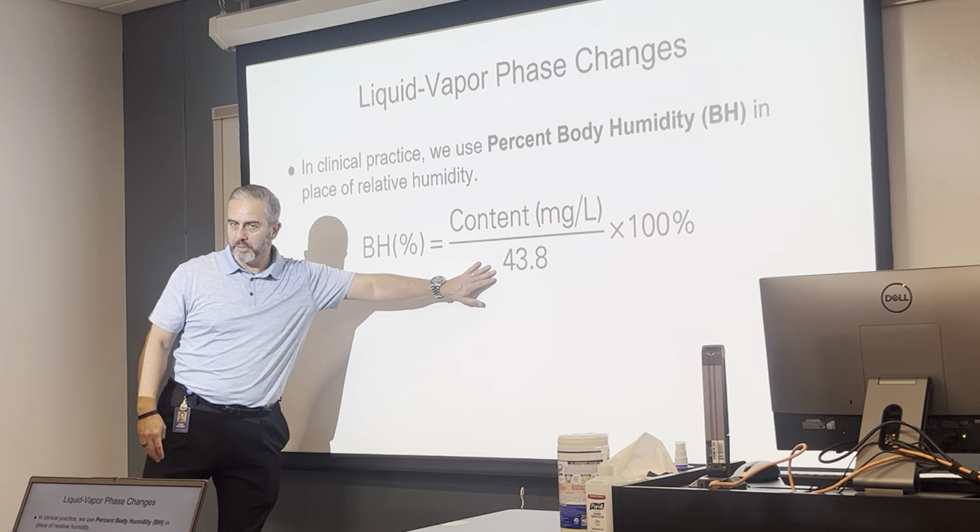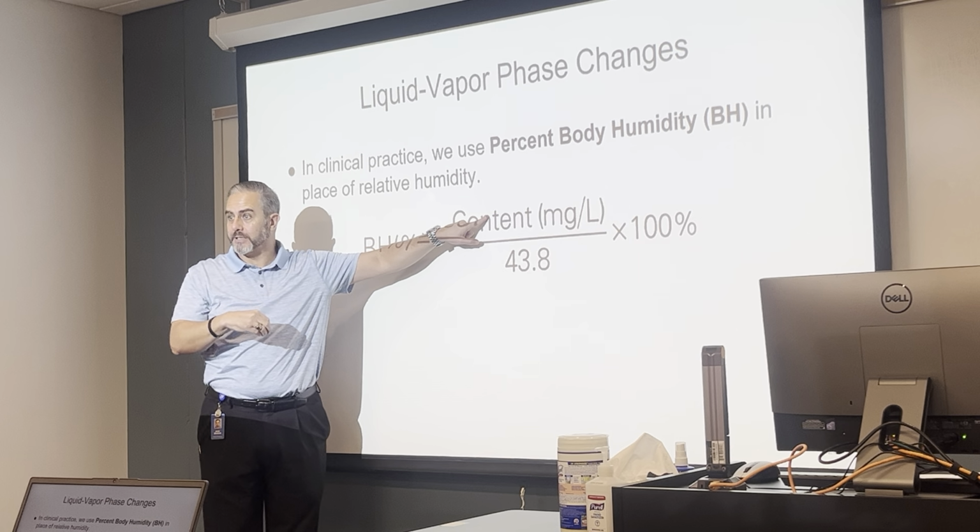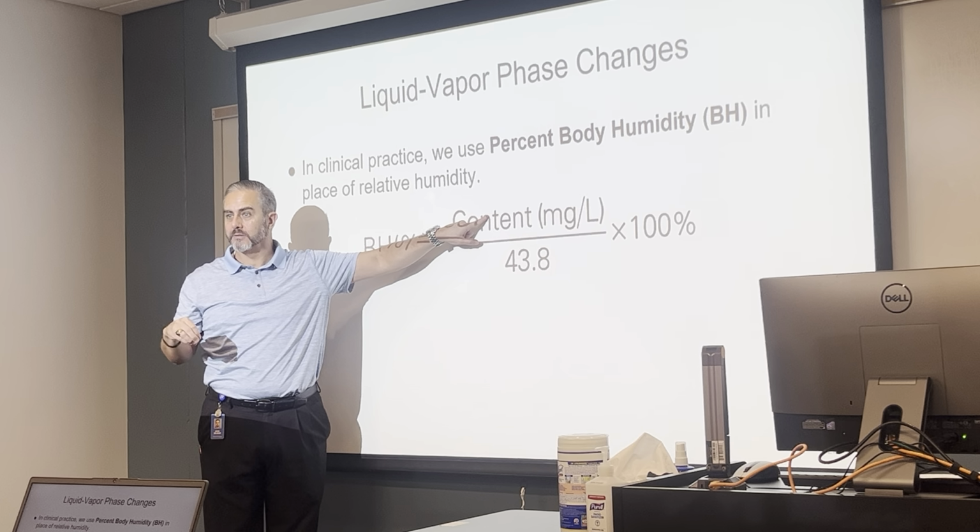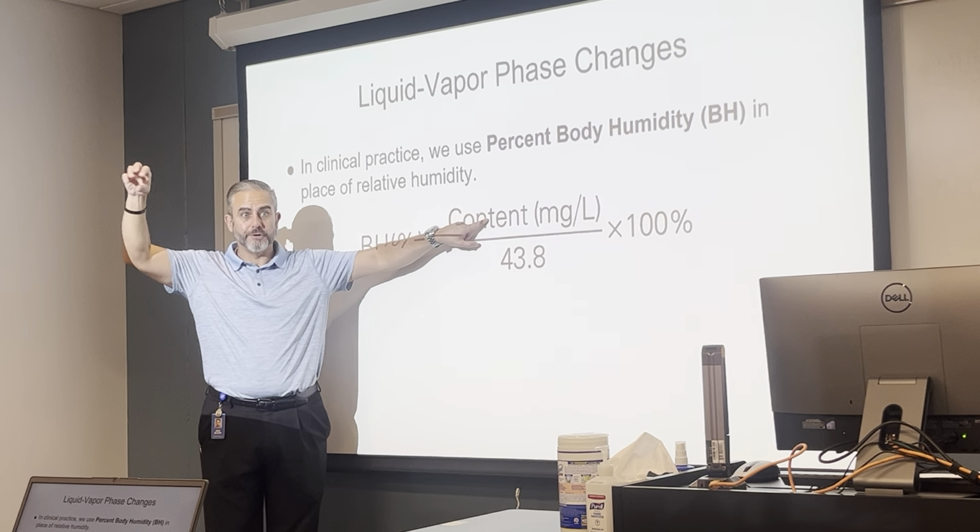My question to you is, on the test, we randomly picked this humidifier that provides a certain content, and that's all it provides. What is this humidifier's body humidity? What is it capable of providing to the patient, body humidity wise? And so it's whatever the number I give you from the humidifier divided by 44.